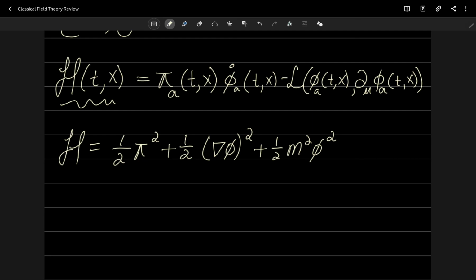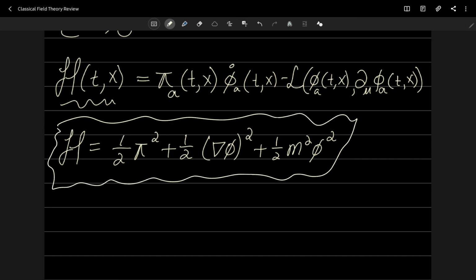Okay, so with this we have covered almost everything that we need from classical field theory for quantum field theory.